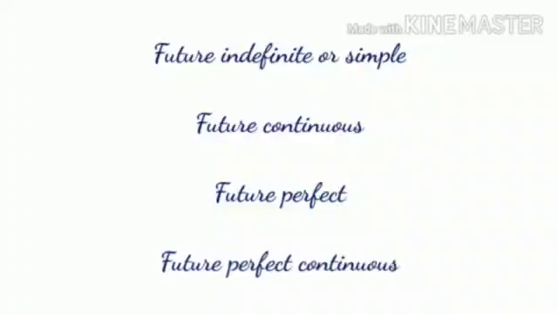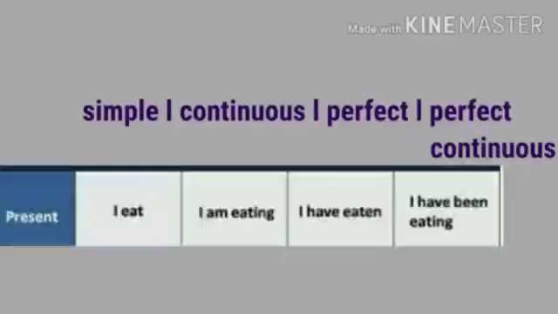Now let's take one sentence and see its form in all of these subcategories of the three main tenses. So the sentence is I eat. Now this sentence is in simple present tense.